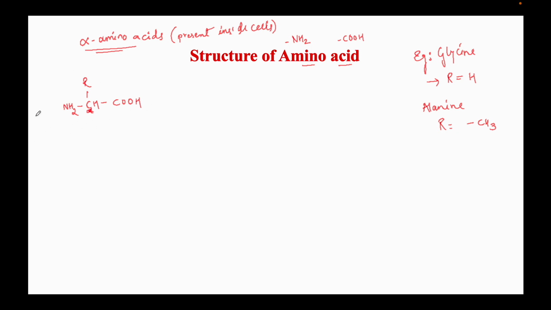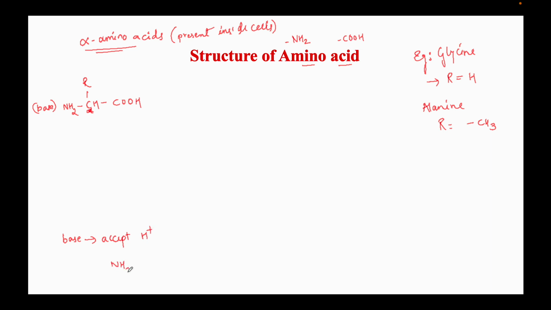So in an alpha amino acid, as you can see, the amino group is the base. Why? What is the definition of a base? A base is a moiety that will accept a proton, right?